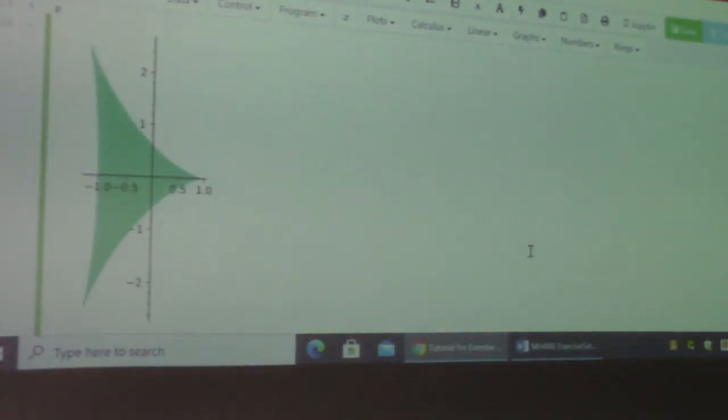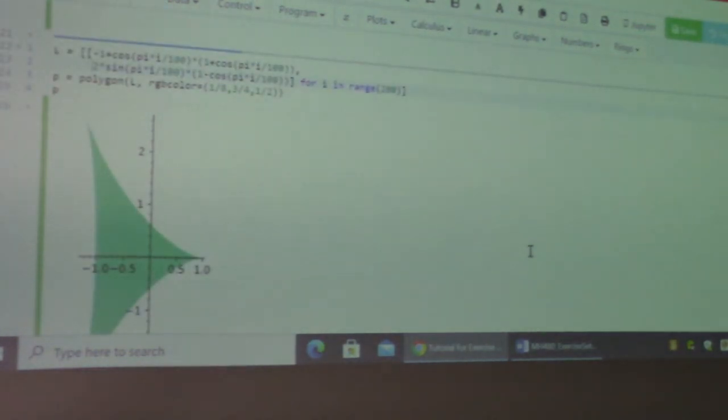Whoa. How's that work? So there's a polygon command that apparently makes a polygon based on a list of vertices. The first line here is giving us a list of vertices.